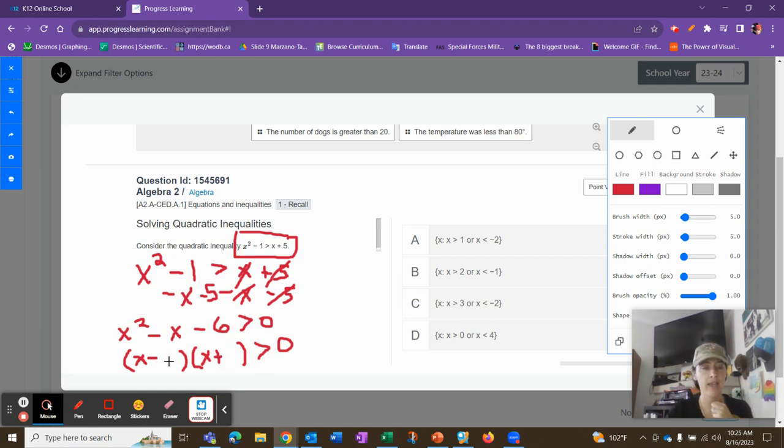So 3 or 5 have to go here and 2 and 1 have to go there. Otherwise, when we redistribute, when we FOIL, we won't get the right equation. Negative 5 plus positive 1 is negative 4. That's not going to work, but negative 3 plus 2 would end up getting us negative 1.